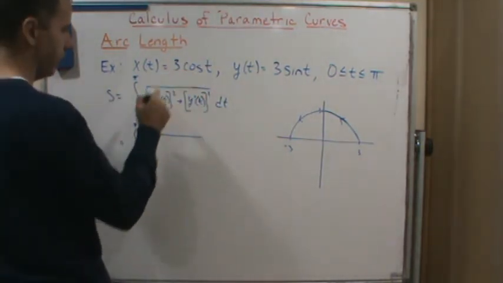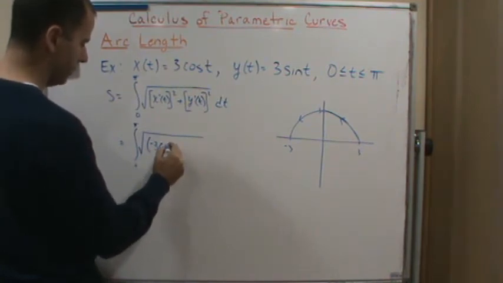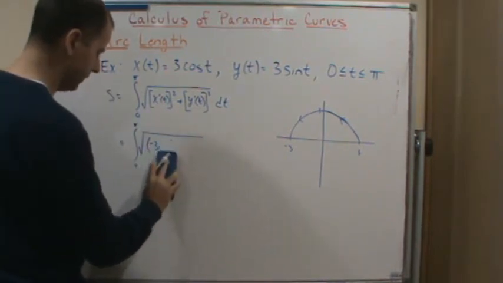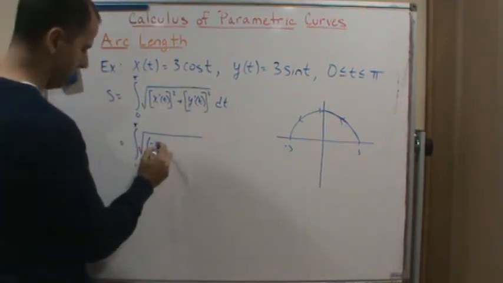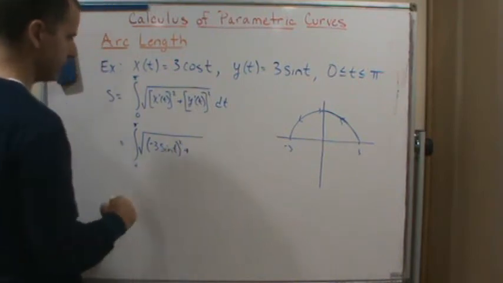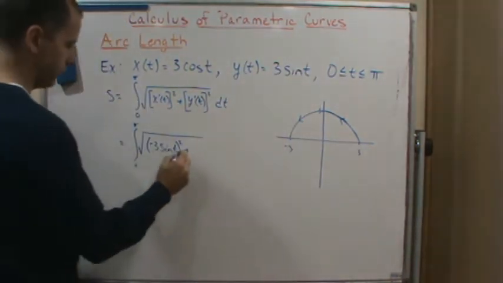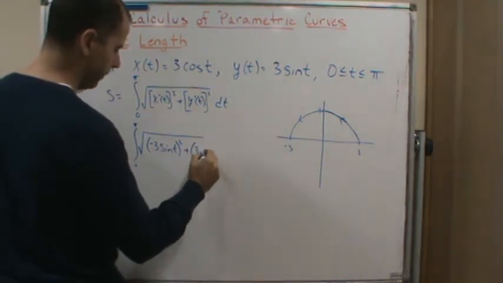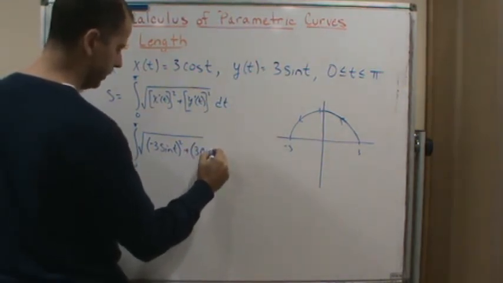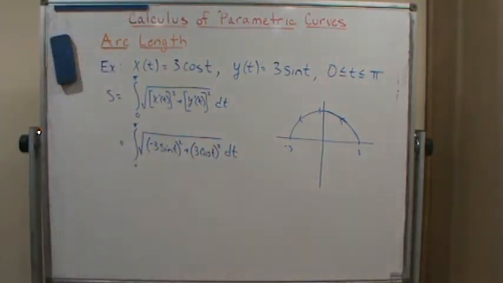So this is going to be negative 3 sine t, squared, plus, and now what's the derivative of y? Well, this is going to be 3 cosine t, squared, dt. Okay, so far so good.